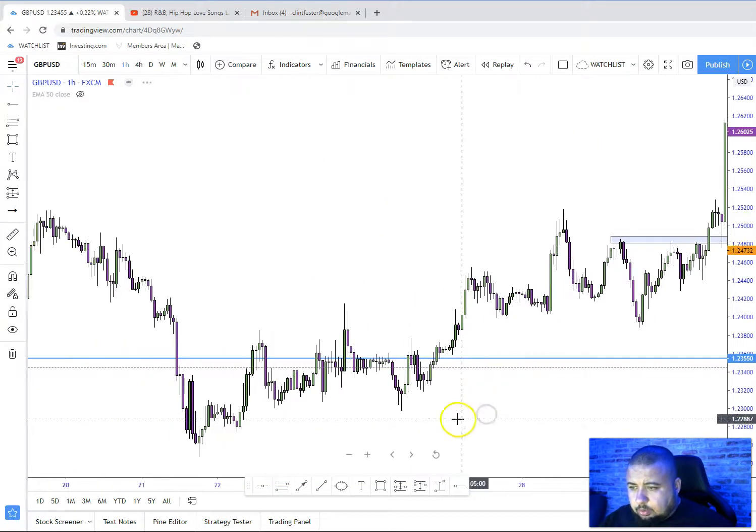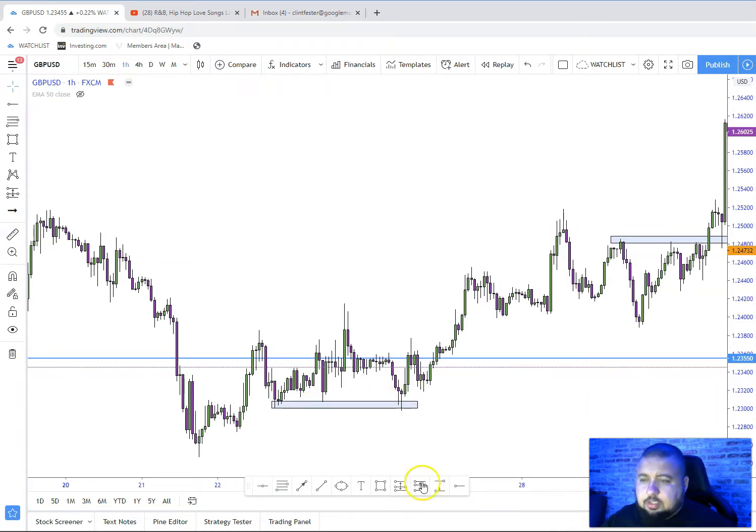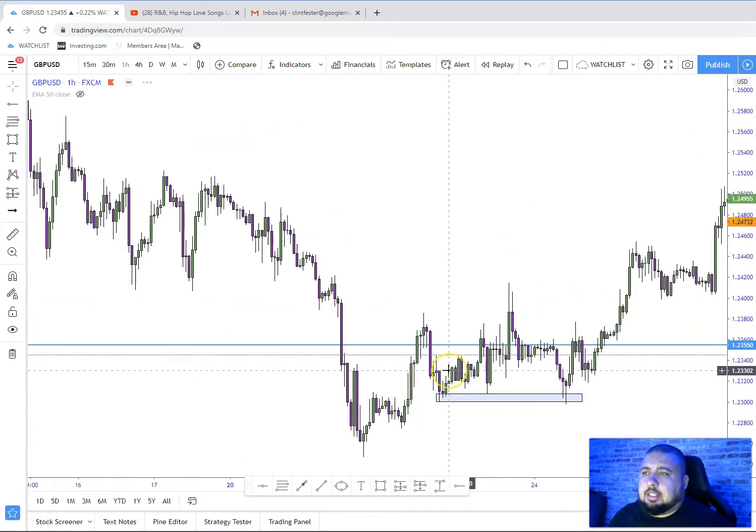Let's show some support areas, like here. Right, 1, 2, 3, 4, 5, 6. So you're always looking for where price is resting. Like this will be invalid.